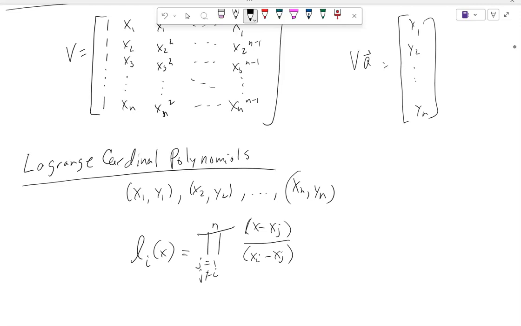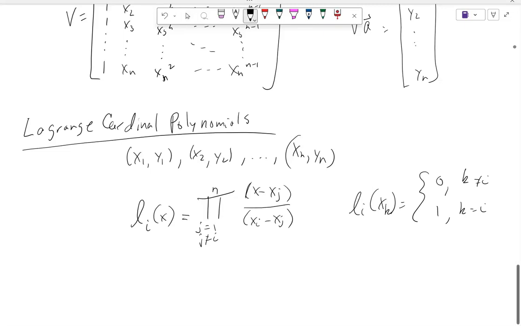Okay. So again, the idea behind this is that L sub i of x sub k is equal to 0 if k is not equal to i, and 1 if k equals i.